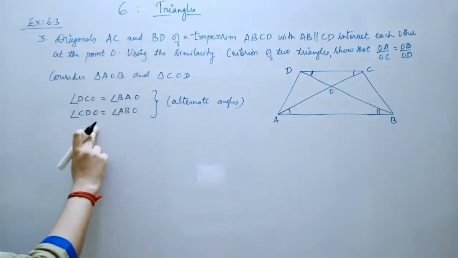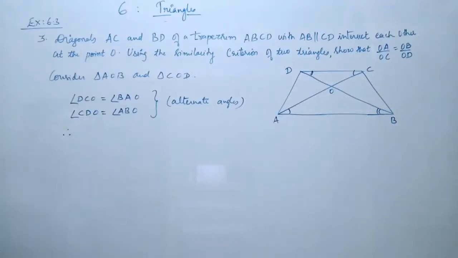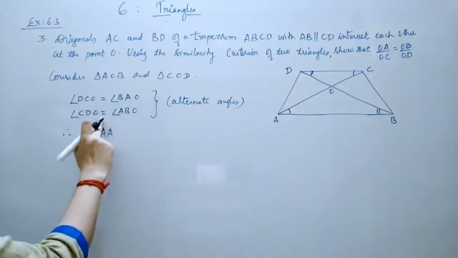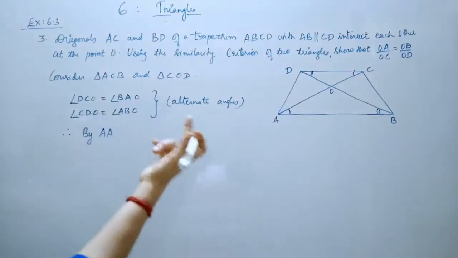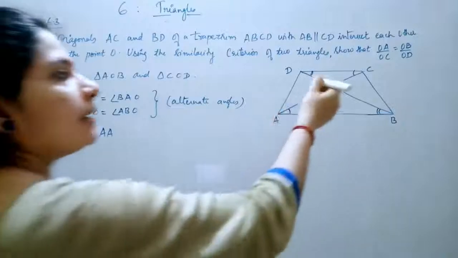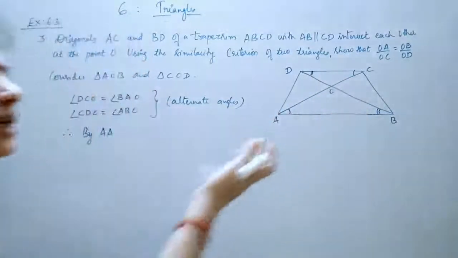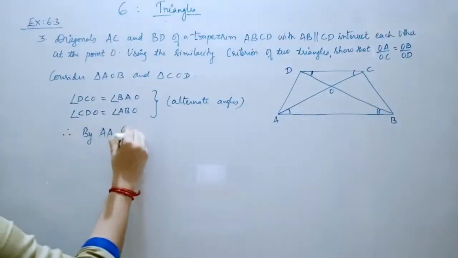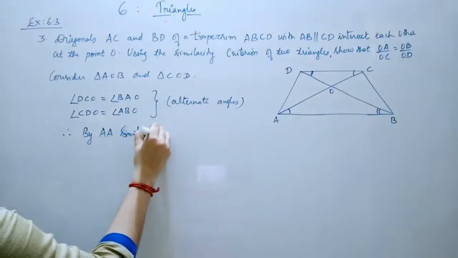Now by which criterion can you say they are similar? Only two angles are enough to show that the two triangles are similar. So we are getting AA similarity, because if two angles are equal, the third will always be equal. Here you also have vertically opposite angles. So if you show any two angles are equal, you can use the AA similarity criterion.